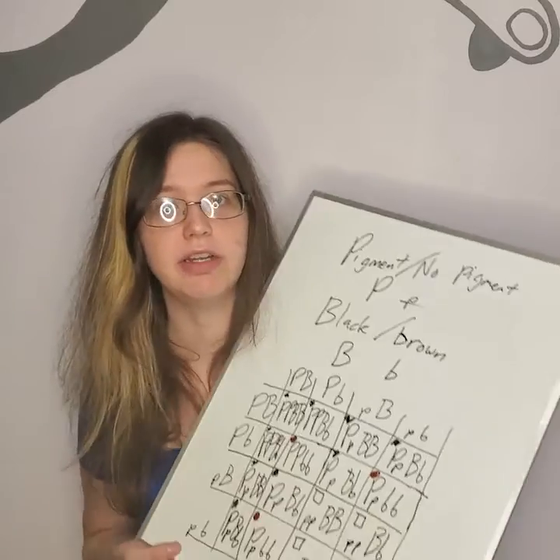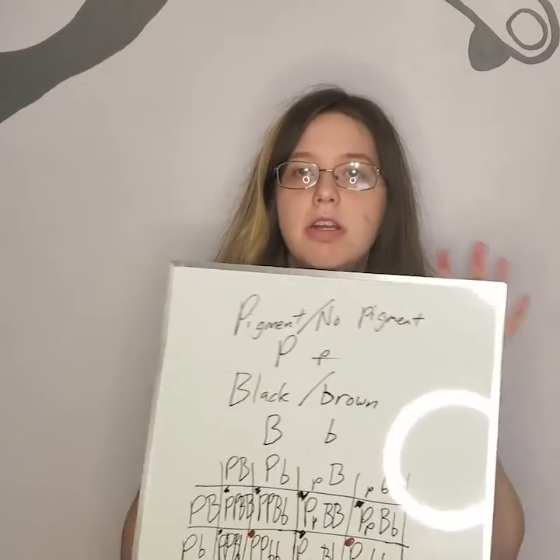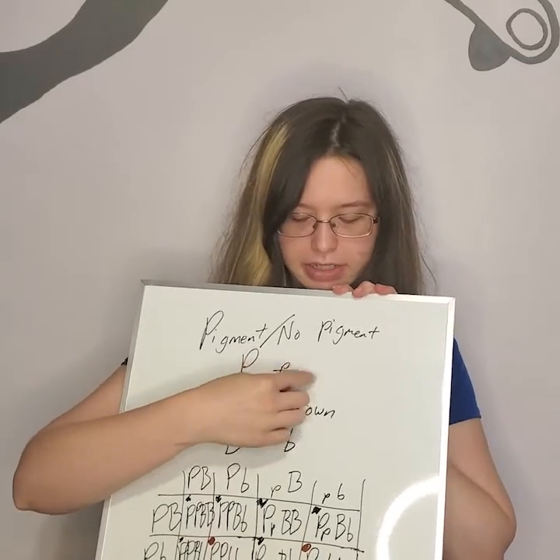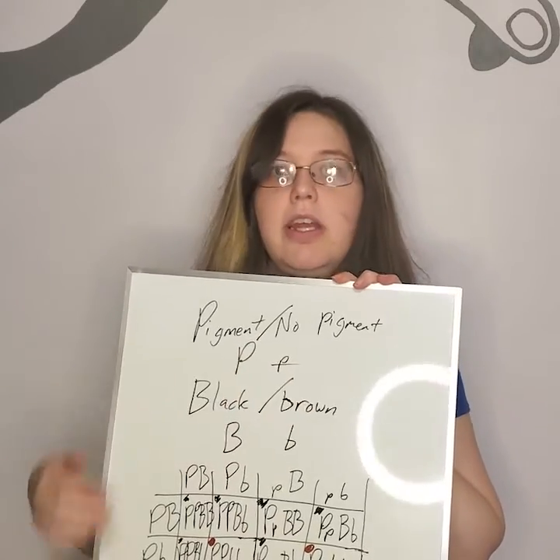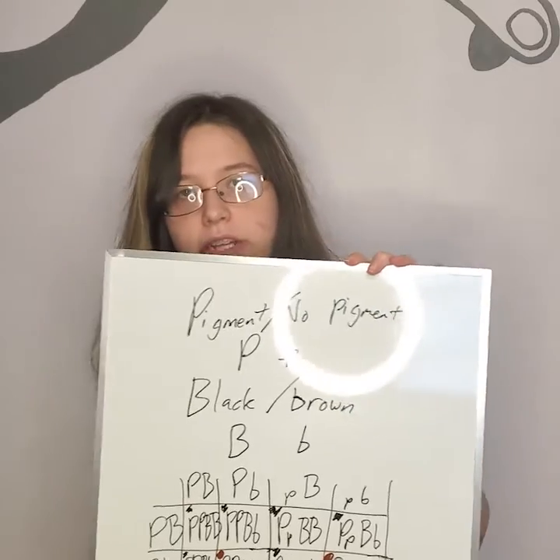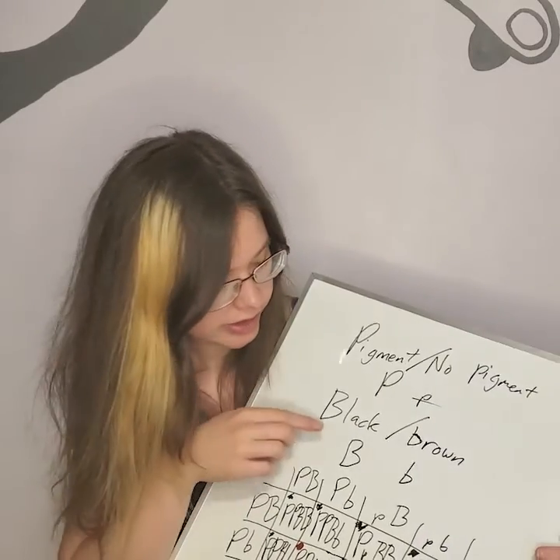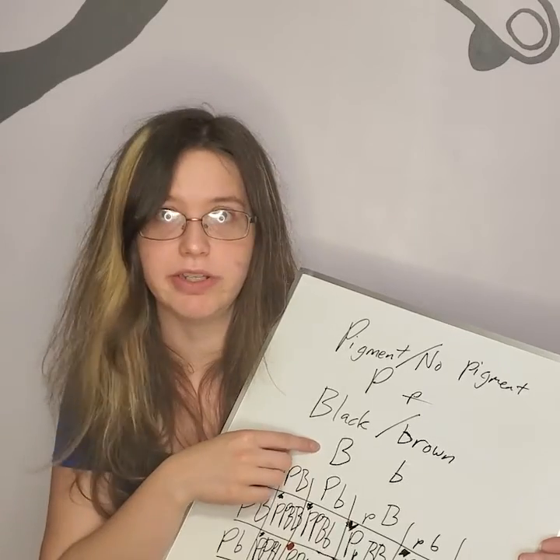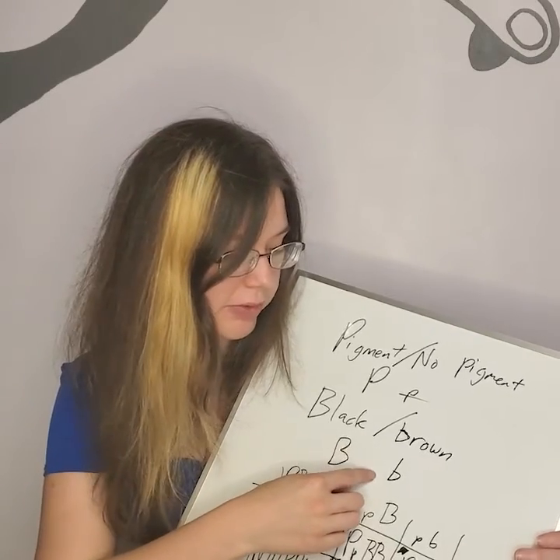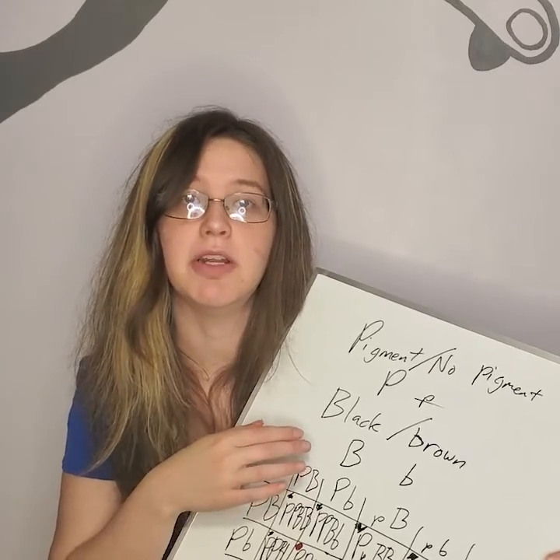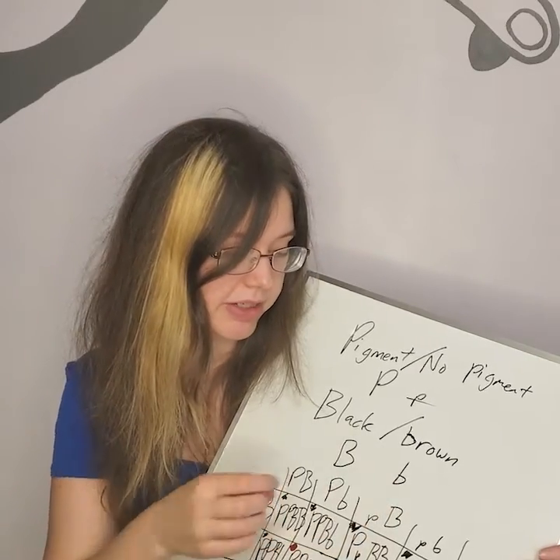So here we've got pigment. Pigment is going to be a capital P, no pigment is going to be a lowercase p. And then under that, we've got the gene for the type of pigment. So here we have black, which is the capital B, and brown for the lowercase b, because black pigment is dominant over the brown pigment.